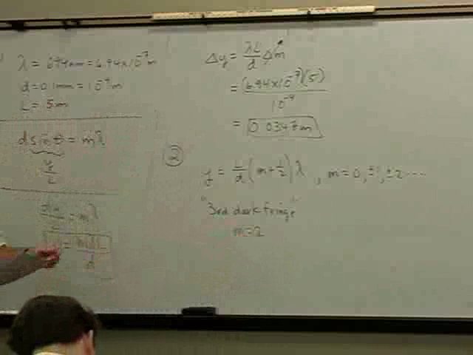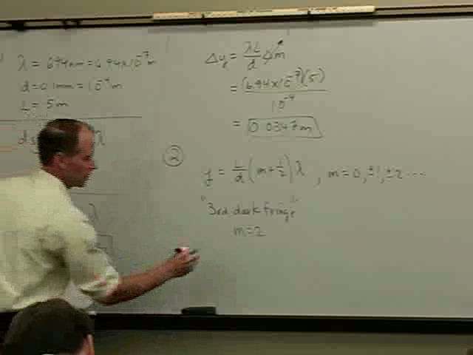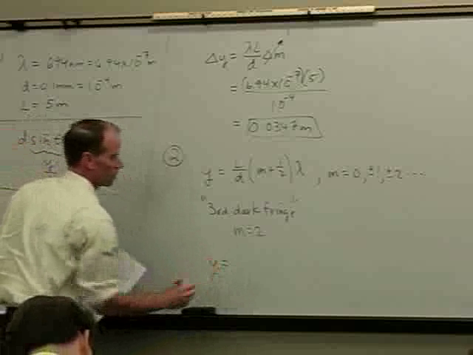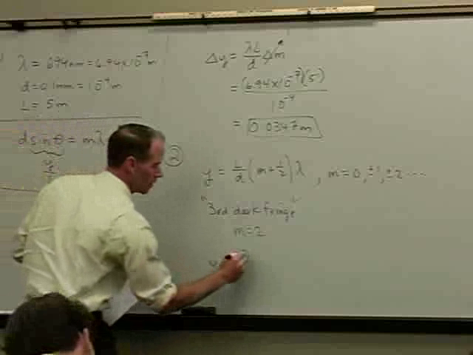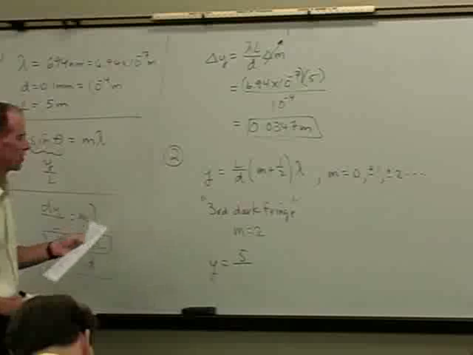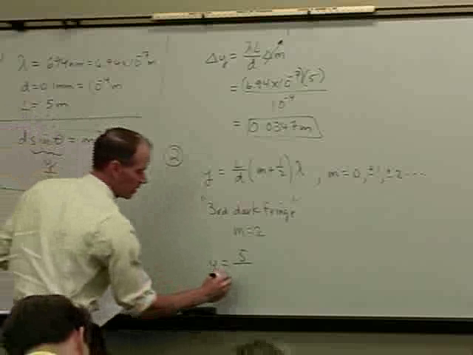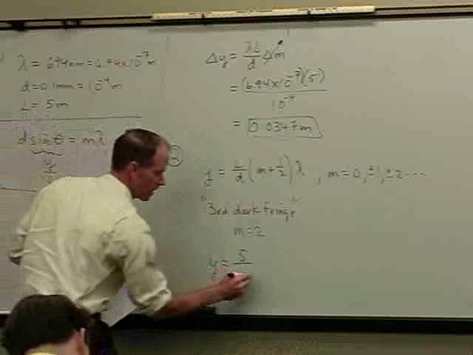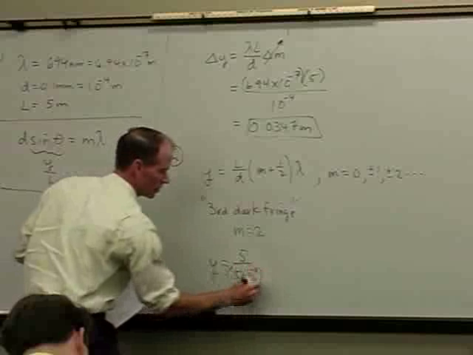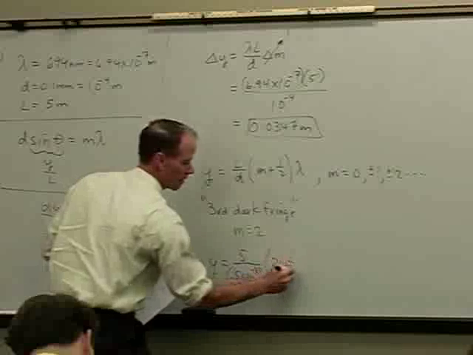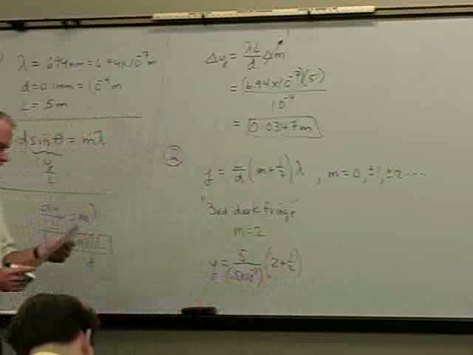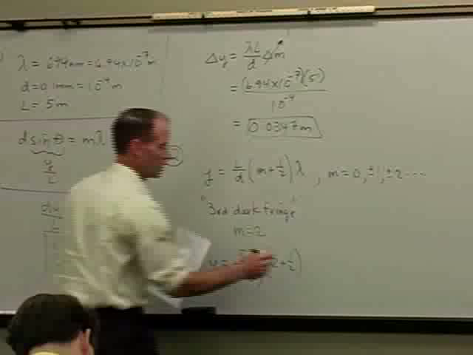And so if we want to find y for that, y would equal L, which is 5, over d, which is 0.5 millimeters, so that's 0.5 times 10 to the minus 3, times 2 plus 1/2 times the wavelength, which is 500 nanometers.